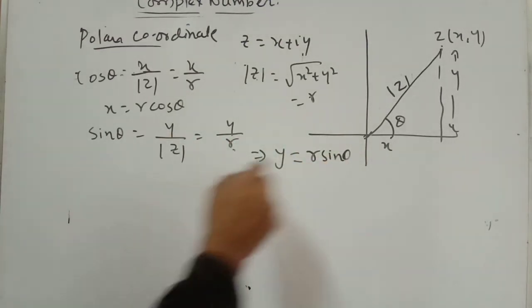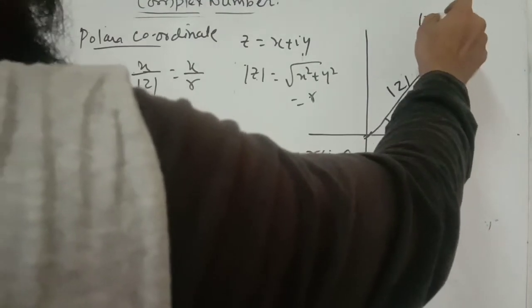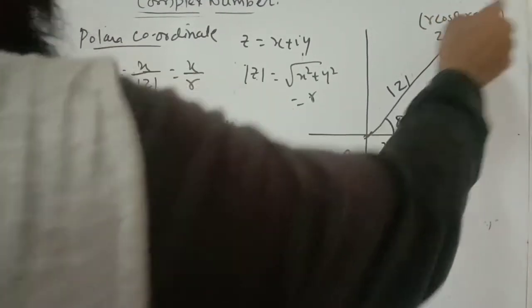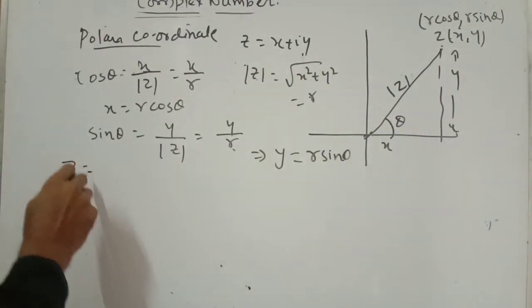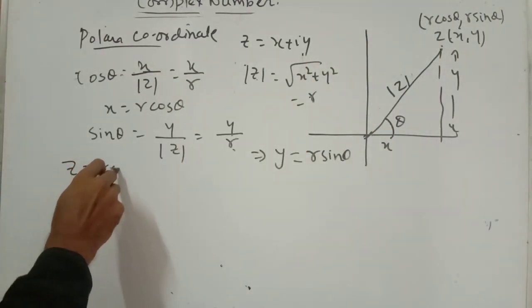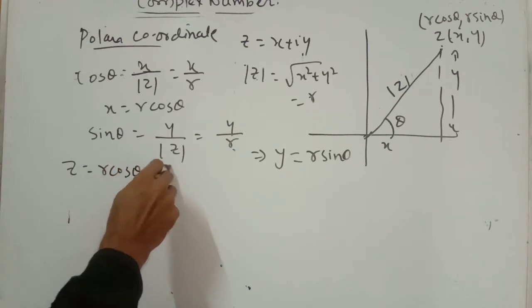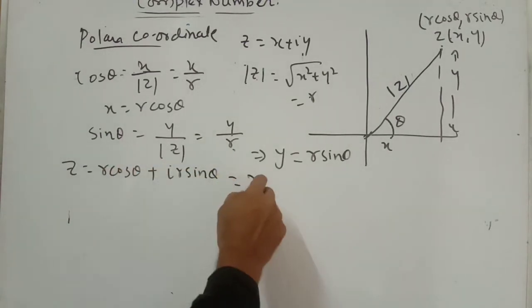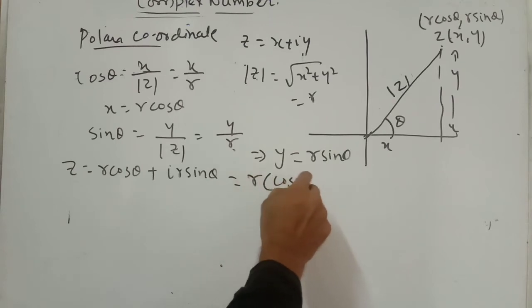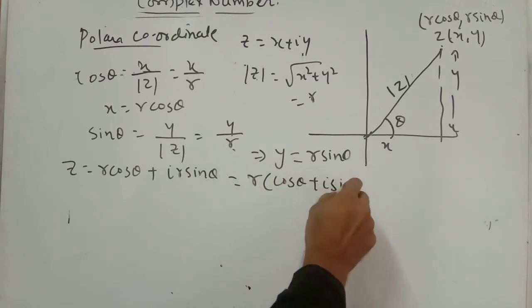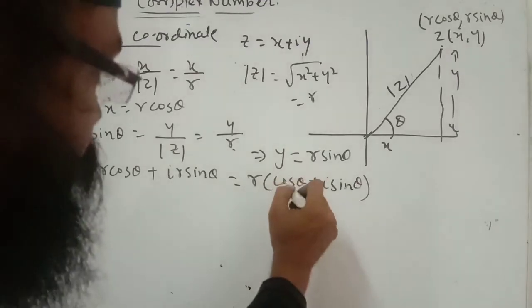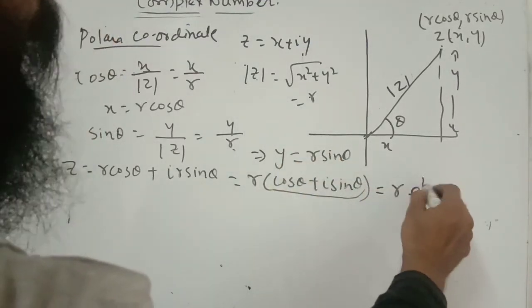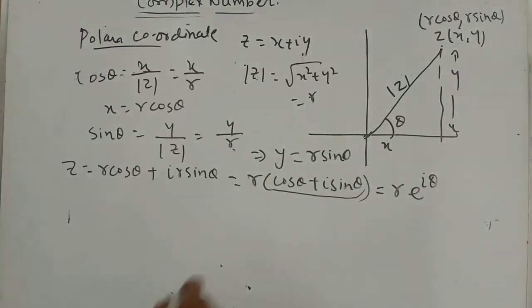So x equals r cos theta and y equals r sin theta. After that you can write z equals r cos theta plus i r sin theta, so z equals r times cos theta plus i sin theta. And Euler gives a particular form for this term, that is exponential of i theta.